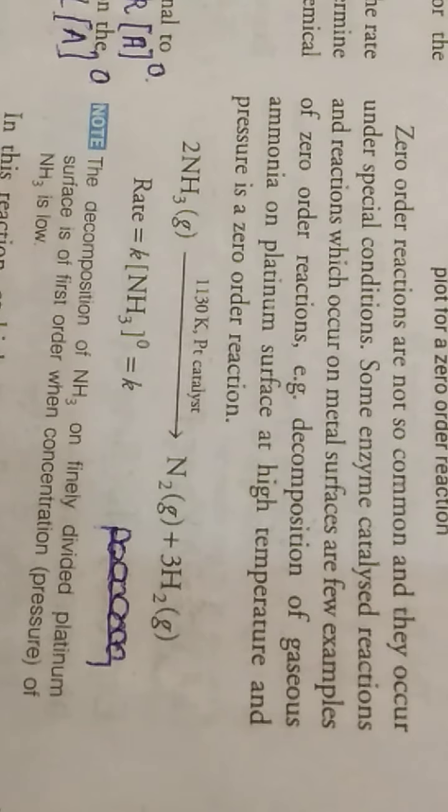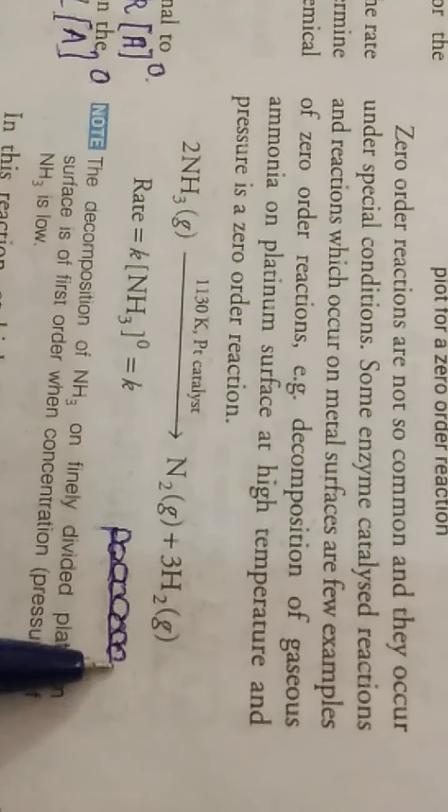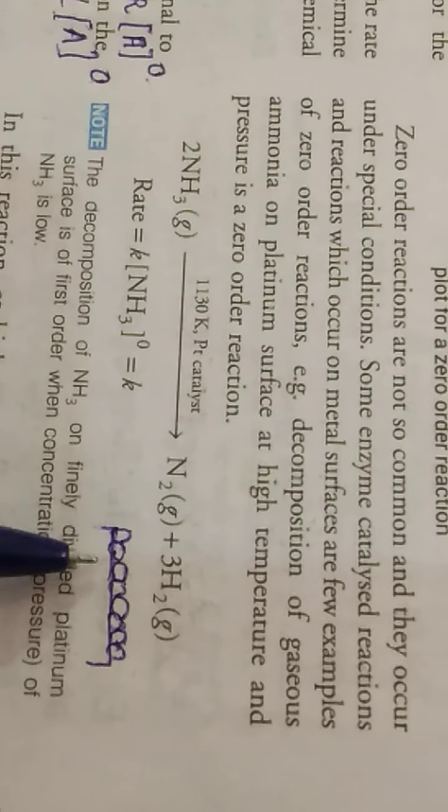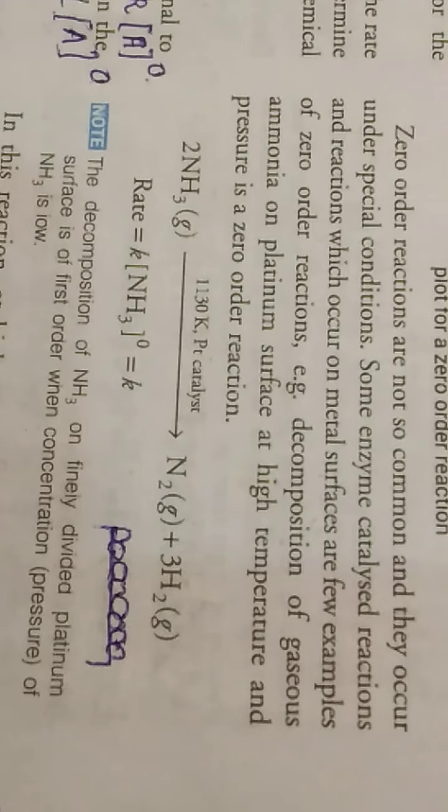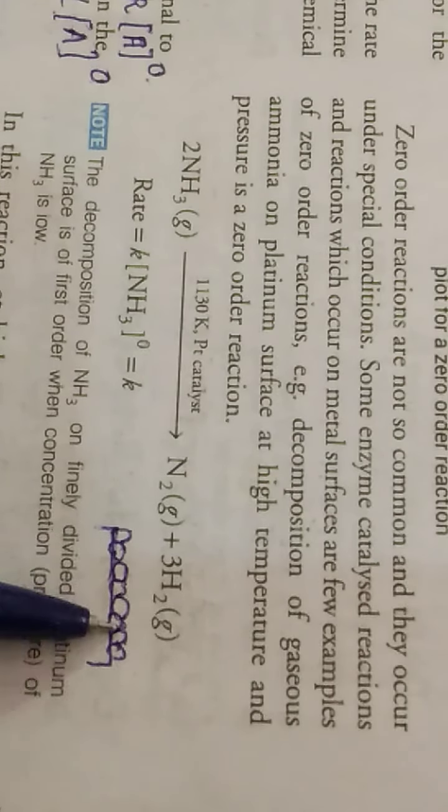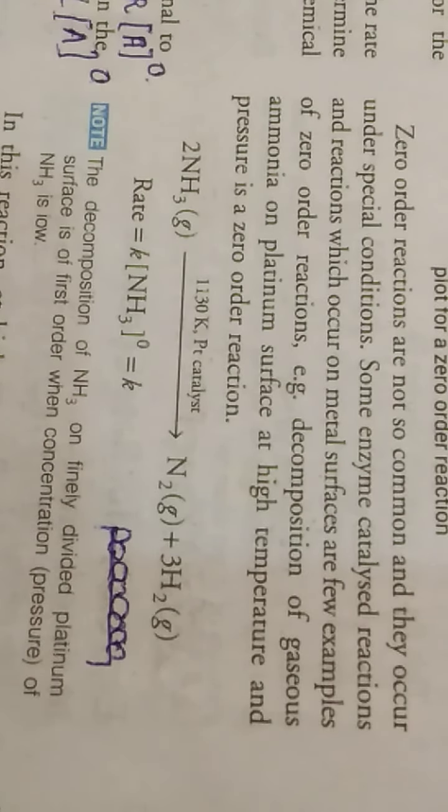So what happens after some time? The platinum surface gets saturated. Now if you further increase the concentration of reactant, there is no change in the rate of reaction. The reactant is not going to alter the rate of reaction.